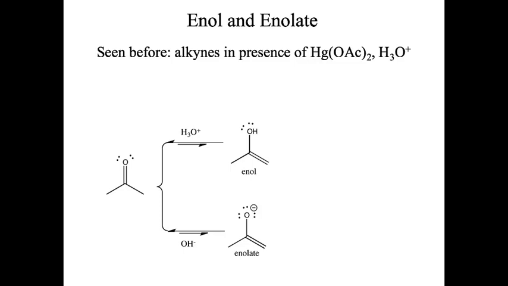That makes sense, right? How do I do it with an acid? Can't take away a hydrogen. I'm adding hydrogen. Where did you add the hydrogen? On the oxygen. What is the result of that? A positive charge on an oxygen.